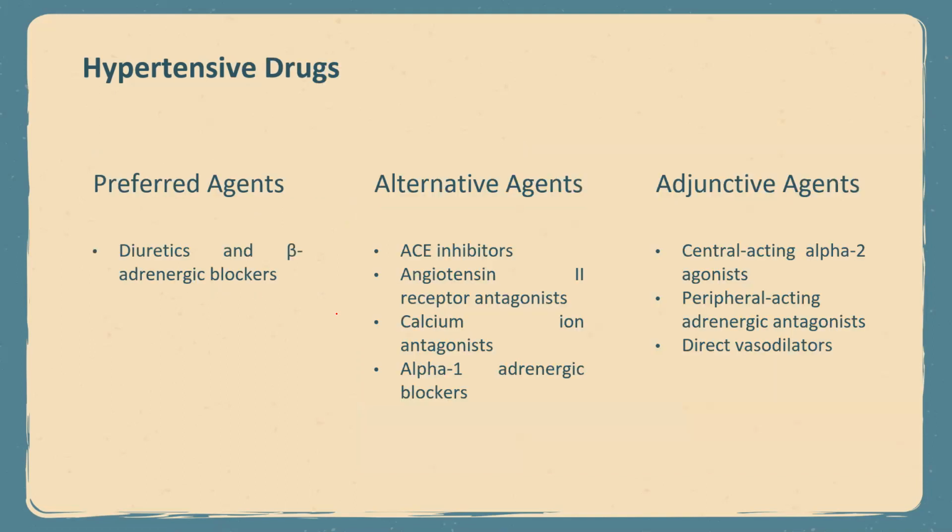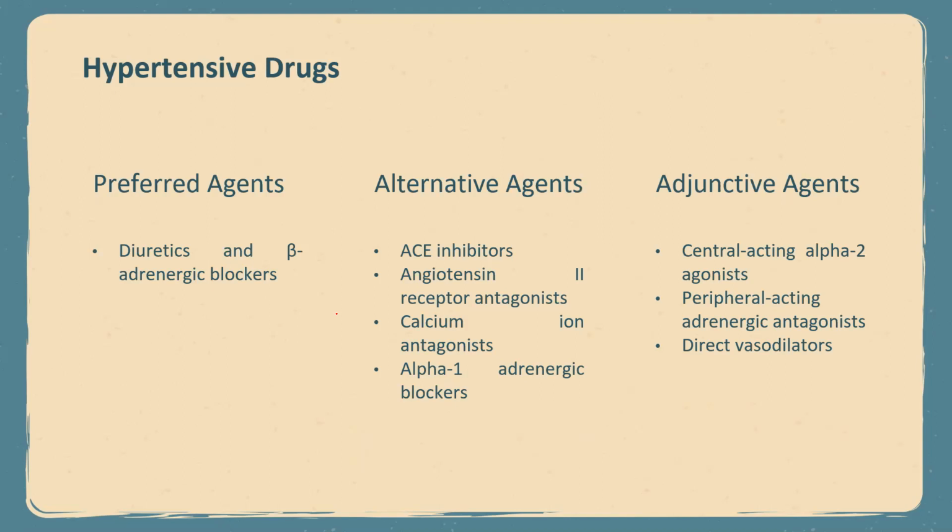Now, there are what we call antihypertensive drugs. We have our preferred agents, we have our alternative agents, and we have our adjunctive agents. For preferred agents, we have your diuretics and your beta adrenergic blockers.